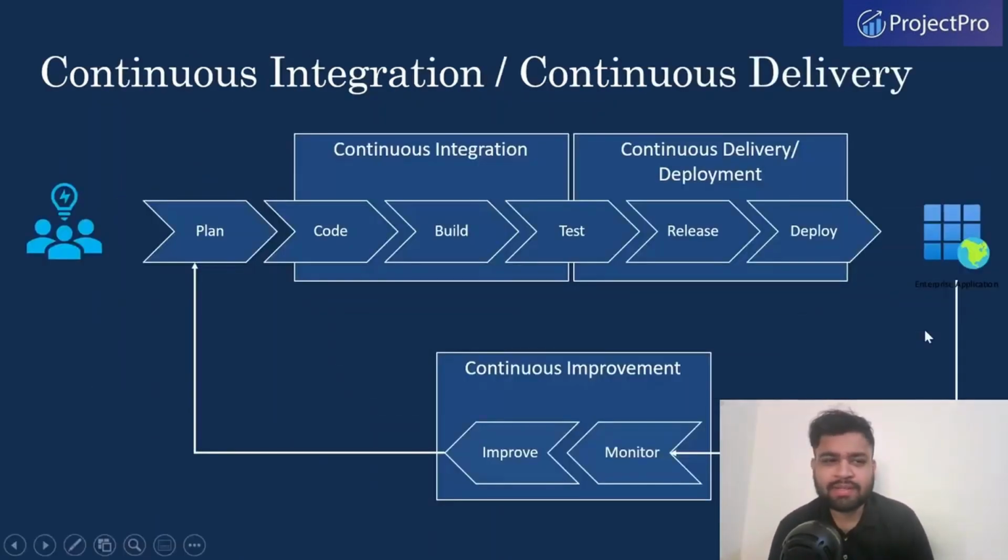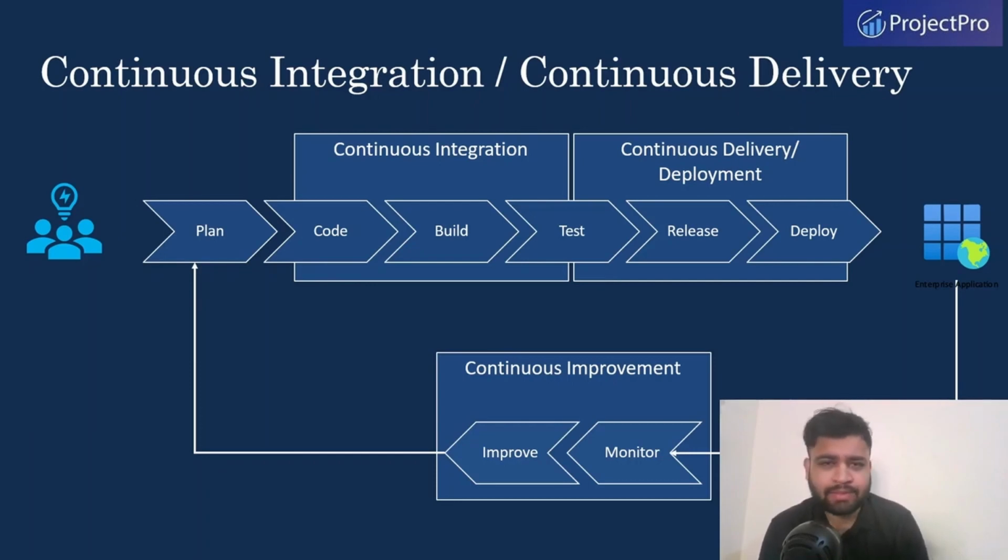Okay, so now let's discuss the main focus of today's lecture, which is continuous integration and continuous delivery. In every software development process, the following steps are involved. The first step is planning, where you gather all the requirements from the client and prepare a source to target mapping sheet and other documents.